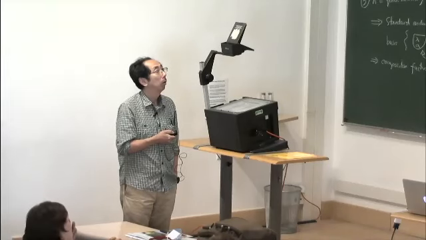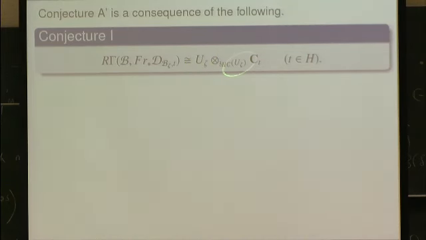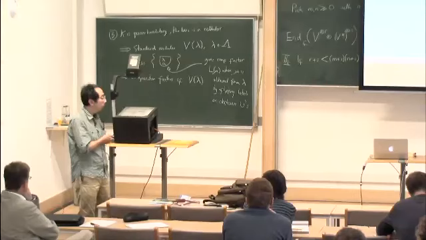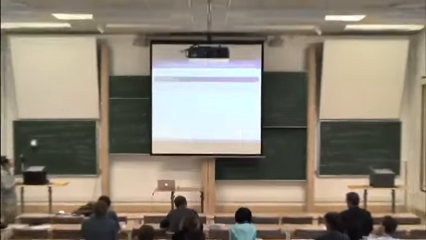Taking R gamma, the derived global section functor, this should be isomorphic to U zeta tensor some specified central character. This means we also have vanishing of higher cohomology groups, and this implies the equivalence of derived categories. The same argument already appeared in the work of Bezrukavnikov, Mirkovic, Rumynin, and I can just follow their argument.